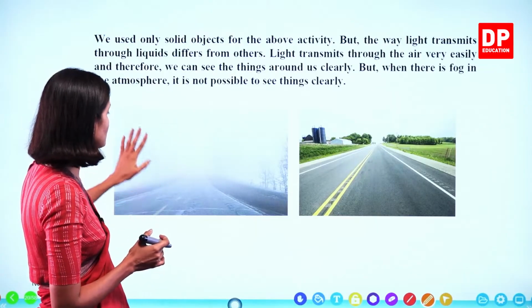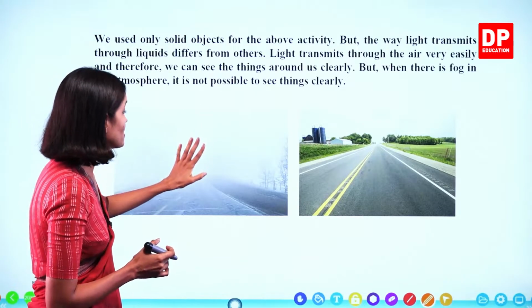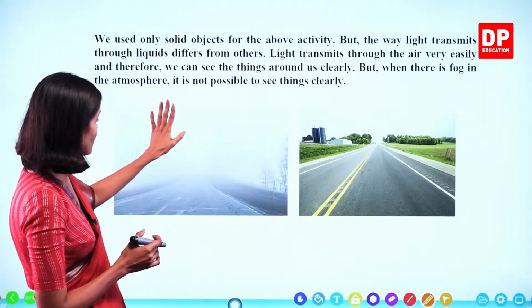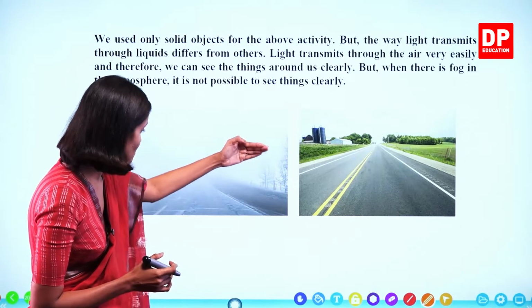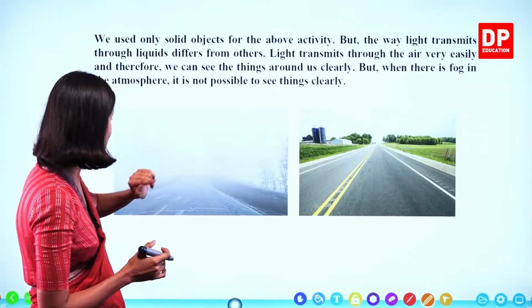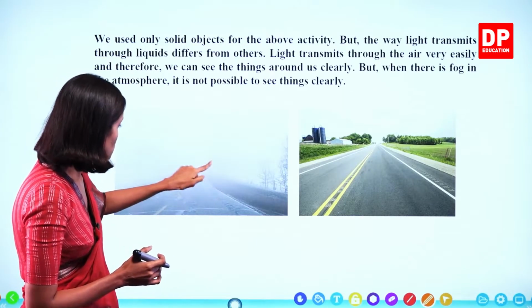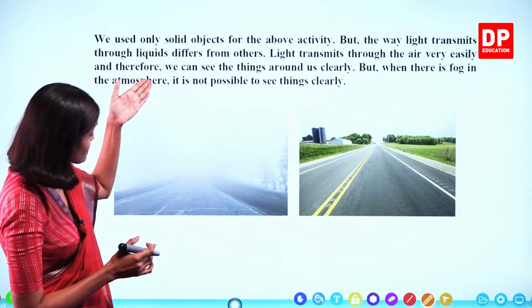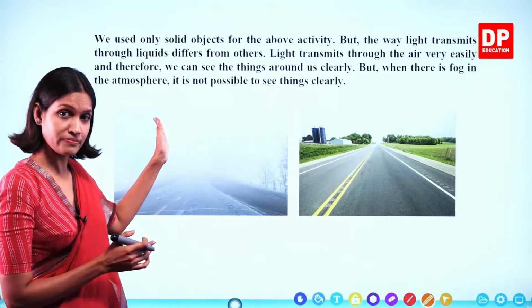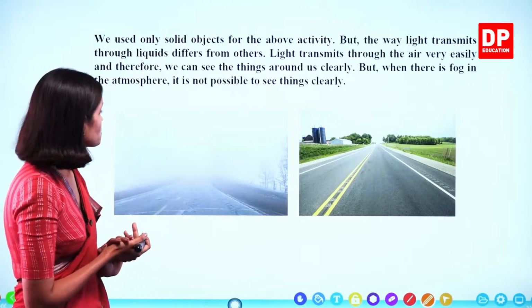Because you all can see this entire environment is covered with fog, right? You can see some of these trees closer to the camera, right? The road also you can see, but the distant part you can't see clearly, right? So we'll go through this.